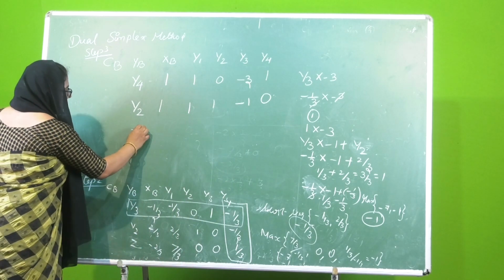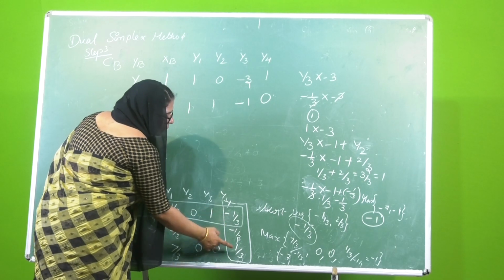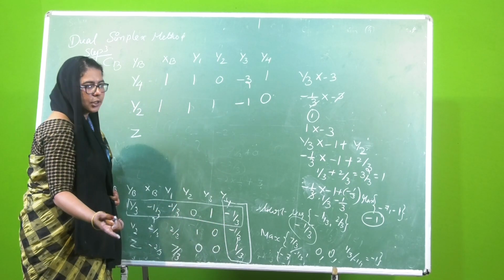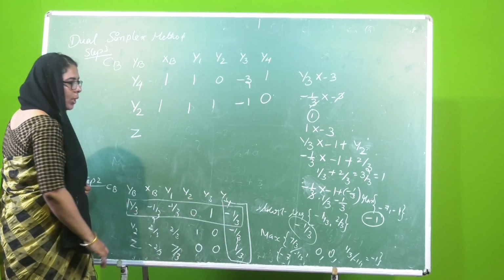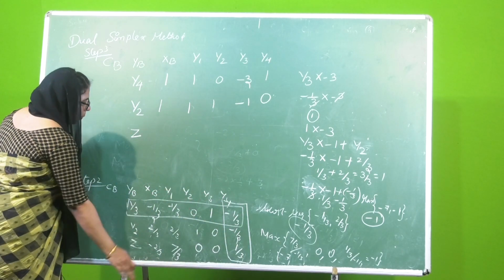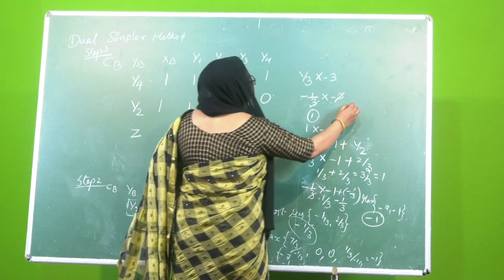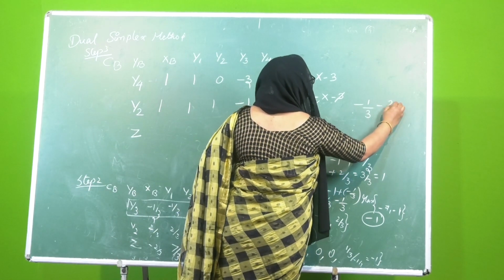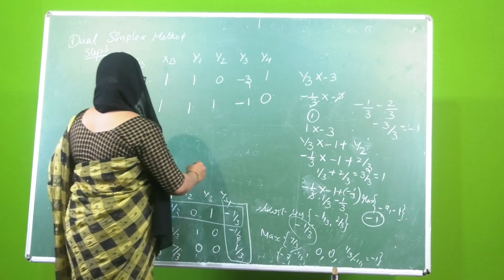Next is Z. You have to add these two, and automatically we will get 0. You need not multiply any number to the pivot element, just add. So -1 by 3 and -2 by 3, that is -3 by 3, -1.